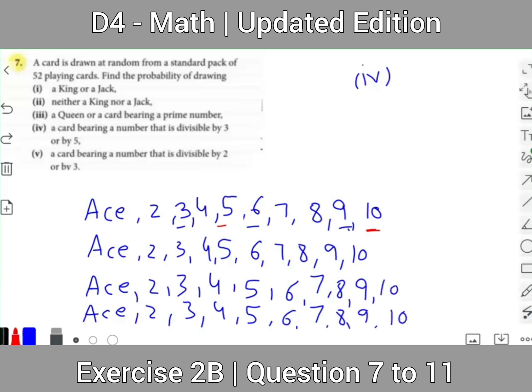Now we will use the red color to mark the numbers that are divisible by 3. And we will use the black color to mark the numbers that are divisible by 5.